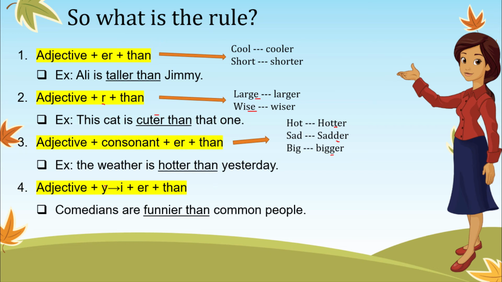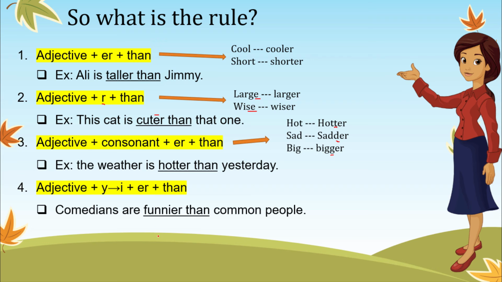Next, adjectives that end with y. So y becomes I, then we add er, then we add than. For example, comedians are funnier than common people. Funny normally ends with y, but the y becomes I, and we add er plus than.